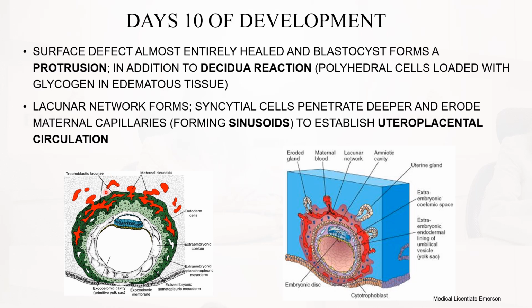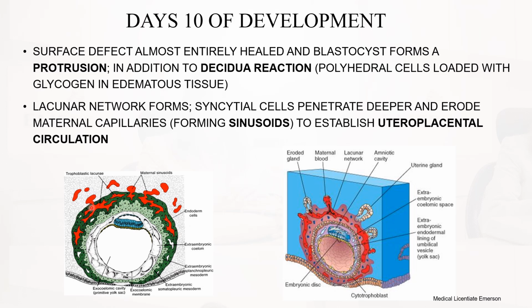So the surface defect is almost entirely healed, and the blastocyst forms a protrusion. So they're going to protrude towards the lacuna. And of course, in addition to the decidual reaction, meaning in the endometrium, the polyhedral cells are loaded with glycogen in the mother's tissue.